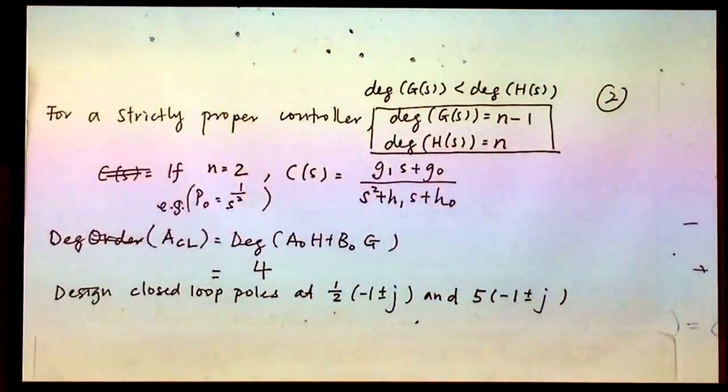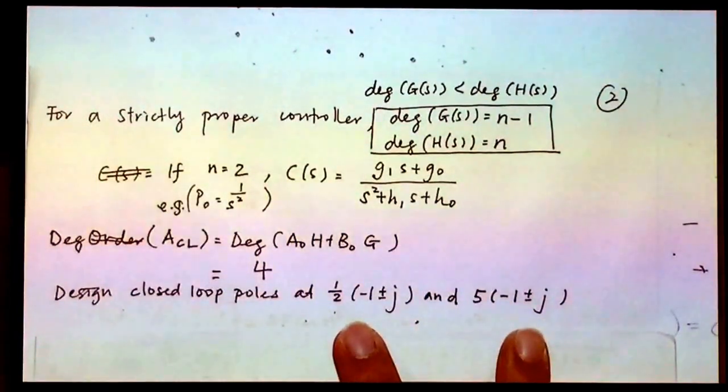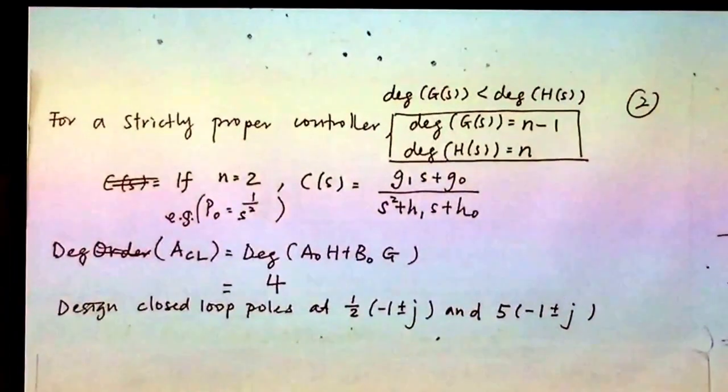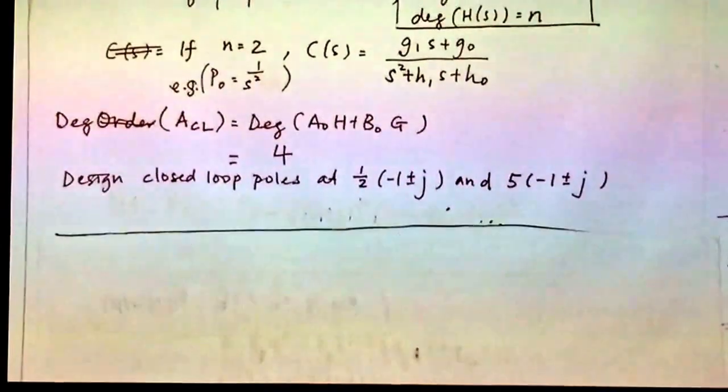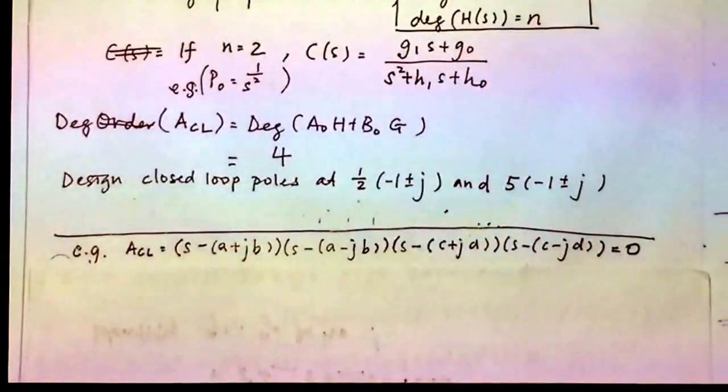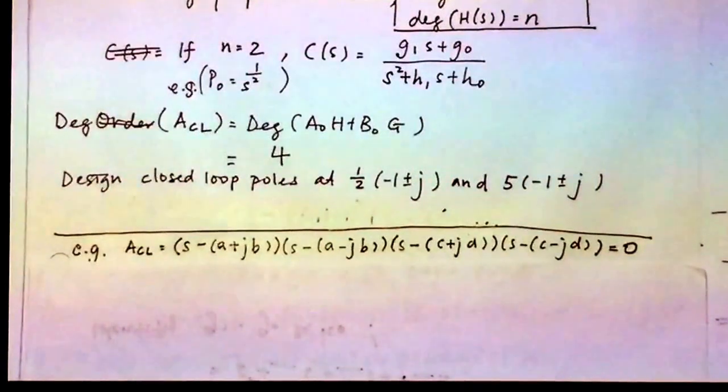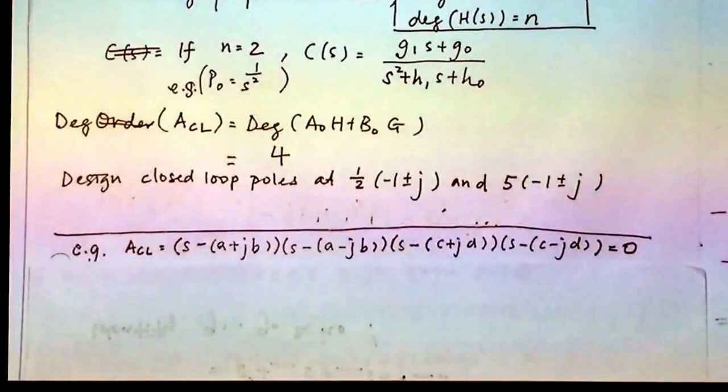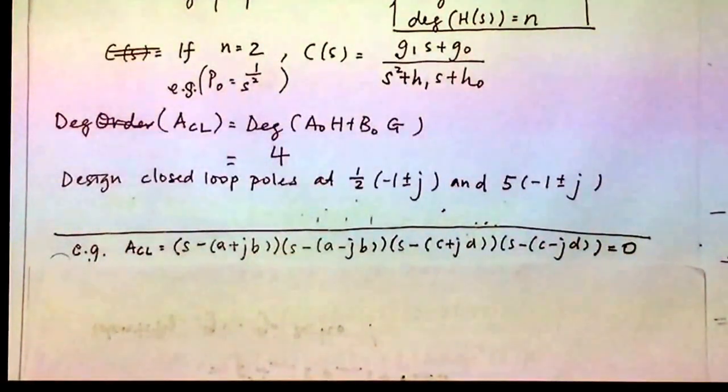This is all you're doing. You're supposed to design C, which is to design your G and H, so that the closed loop poles are at this location. How do you do this? You are given 4 poles, 2 sets of complex poles. With 2 sets of complex poles, you need to learn how to form your closed loop characteristic polynomial.